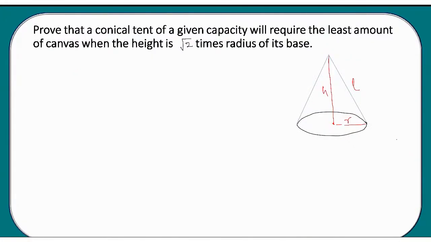Prove that a conical tent of a given capacity will require the least amount of canvas when the height is √2 times the radius of its base.